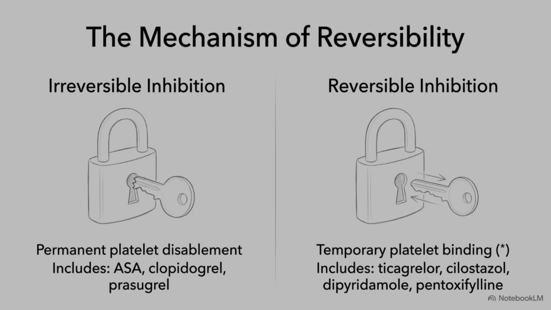On the other hand, medications like ticagrelor, cilostazol, dipyridamole, and pentoxifylline cause only temporary reversible inhibition. Once the drug is cleared from the bloodstream, the inhibition of the platelet is gone. This is something to keep in mind when you're planning your treatment.